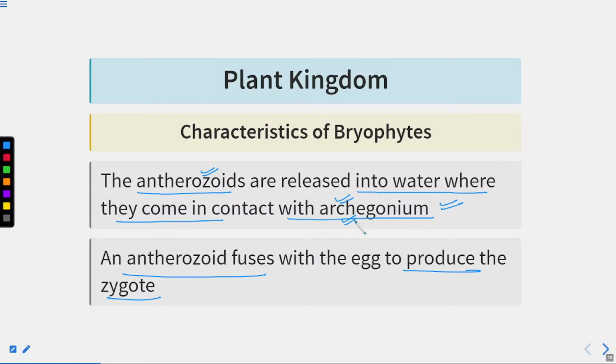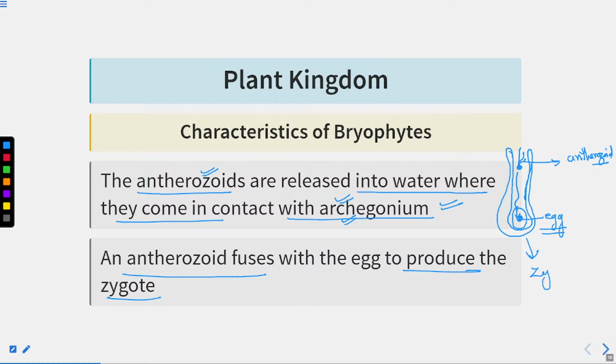They enter that flower shaped structure, which has the female gamete, the egg. This flagellated antherozoid swims and reaches the egg, and here it fuses with the egg and forms the zygote.